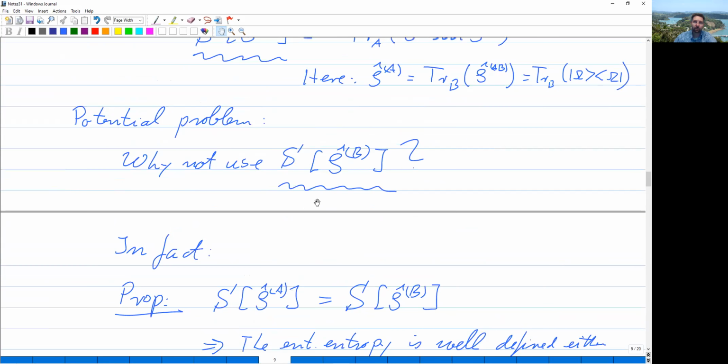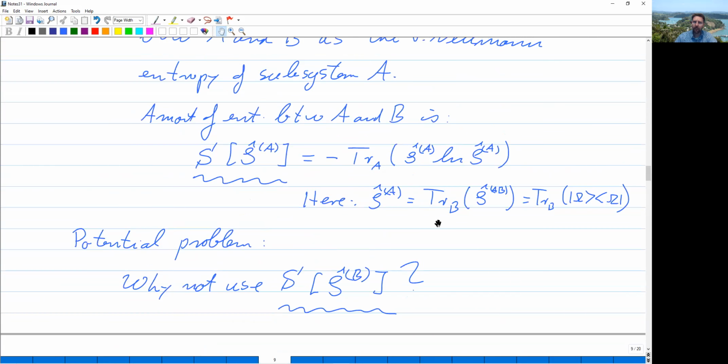Because what you have to do is take the pure state of the total system, then trace over B to get the density matrix of a subsystem. And then you're not done at all. At this point, you have to diagonalize that matrix, because only then can you make sense of the logarithm of it, namely by taking the logarithm of each one of its matrix elements in the eigenbasis.